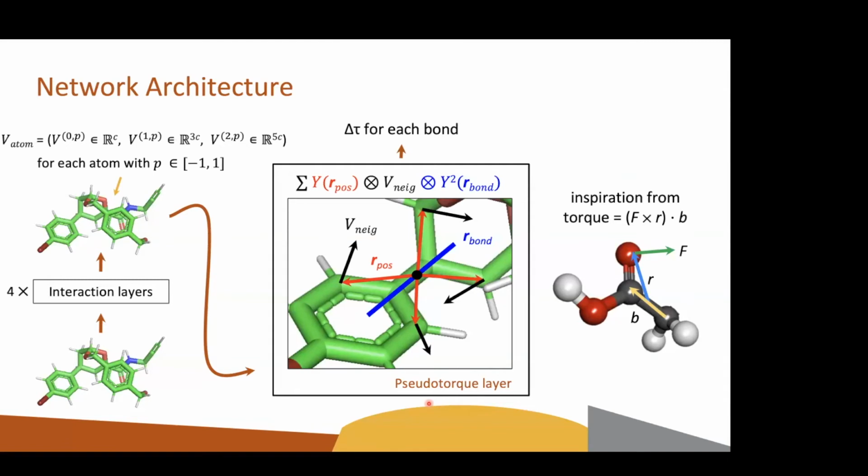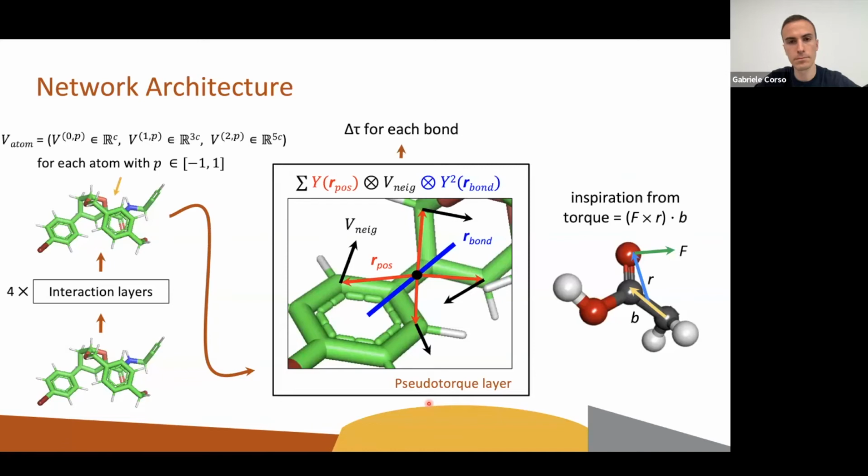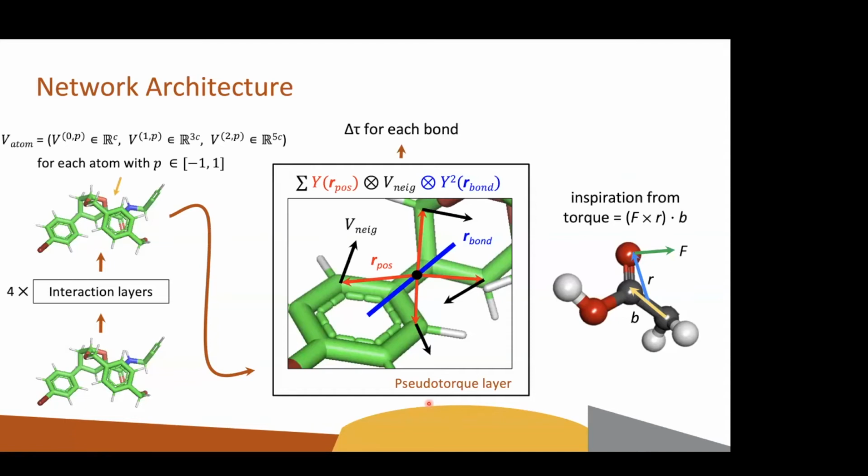Okay, and have you also tried just using EGNN, getting some node representations, aggregating all of them, and predicting your torsion angle? Yeah, one thing we tried pretty early on is instead of using these tensor product-based networks, we would just use EGNN to produce force vectors, or pseudo force vectors if you will, at each atom, and then compute the torque directly.